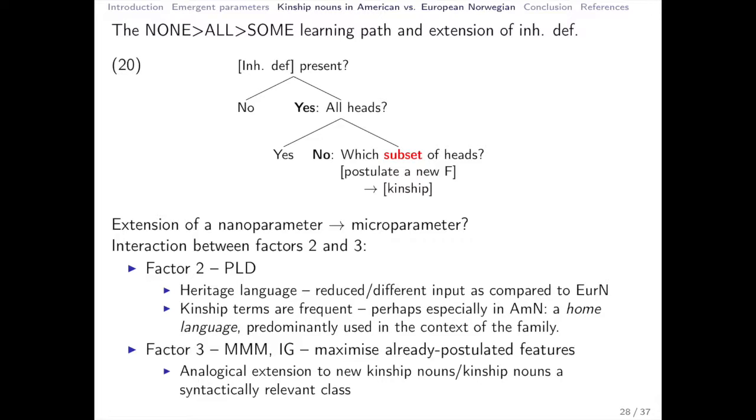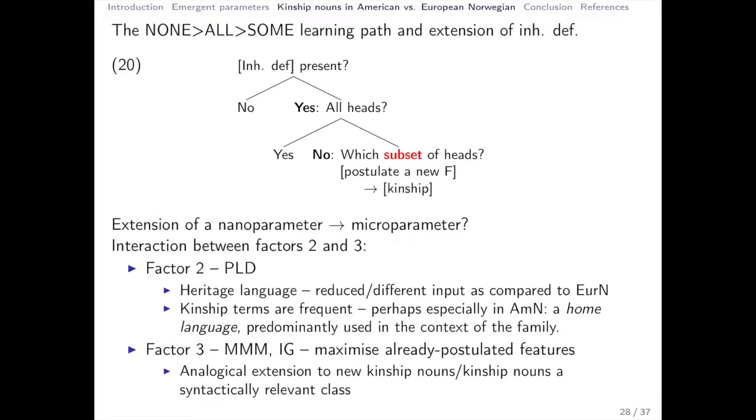How does this happen in more detail? Well, American Norwegian is a heritage language, so there's something going on about the input here. It's more reduced and different from the input that the European Norwegian speakers get. And I think it seems reasonable to assume, well, we know that kinship terms are frequent, and we also know that heritage languages are generally home languages.